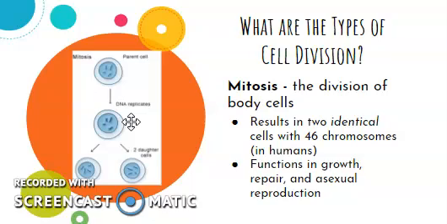So 46 makes copies of each one, so now it has 92, so that it can split in half and result in two identical new cells. We call them daughter cells, that each have 46 chromosomes. So the two new cells each have 46 chromosomes.